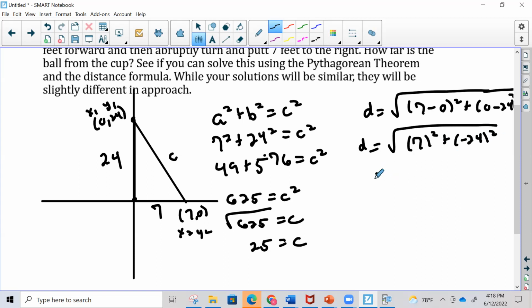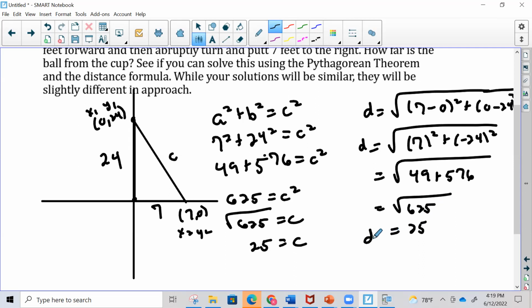Remember, that needs to be in parentheses, which again is 49 plus that 576, which gives me the square root of 625, which is just 25. Okay, so that's doing it using the distance formula. You don't have to do both ways on the homework or the exam. You can pick whichever way you're most comfortable. Most students prefer the Pythagorean theorem, which is fine.